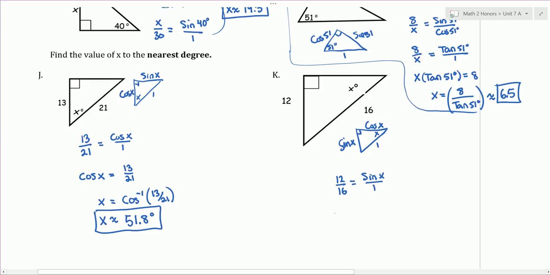I'm going to flip the fraction around, put sine x over 1 on the left-hand side, and I'm going to reduce 12 over 16 by dividing them both by 4 and get 3 over 4. Again, I need to get x by itself, so I use the inverse sine function.